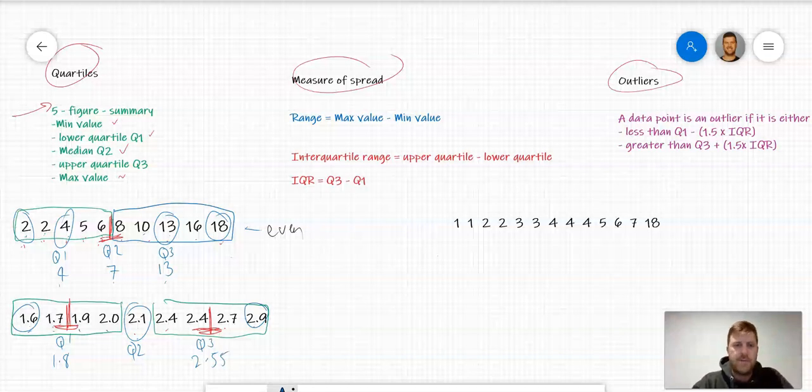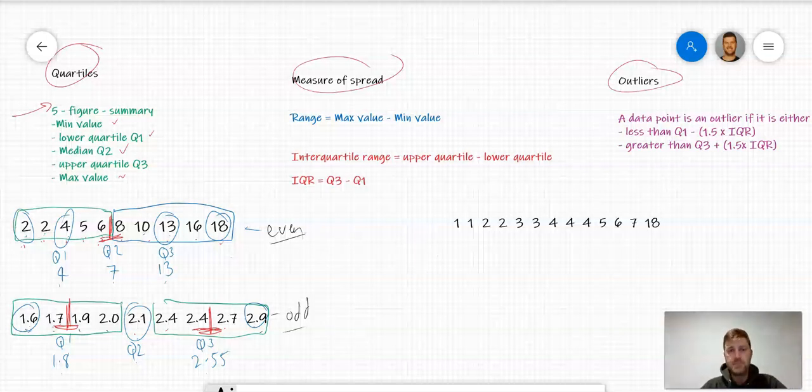So the five-figure summary for this set of data, and this is an odd set of data: my minimum value 1.6, Q1 1.8, Q2 2.1, Q3 2.55, and my maximum is 2.9. Okay, guys, so that's how you work out a five-figure summary, looking at an odd or even set of data.